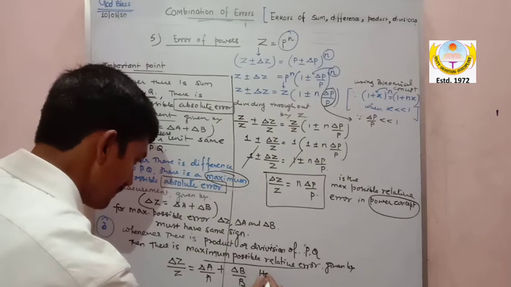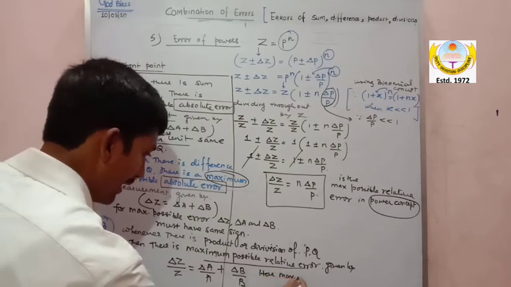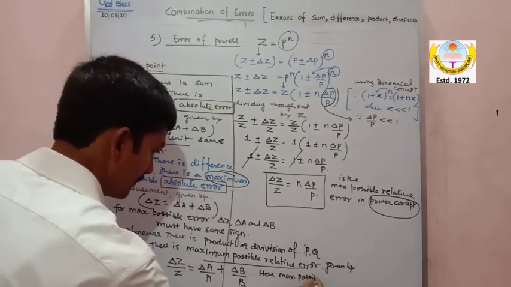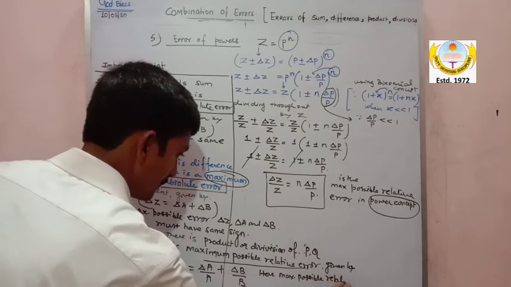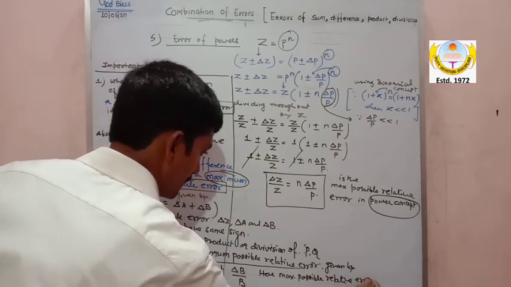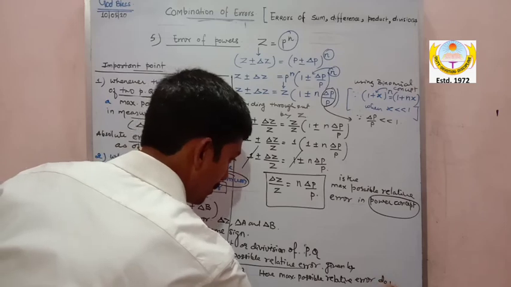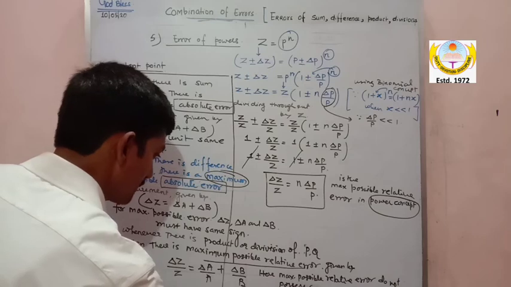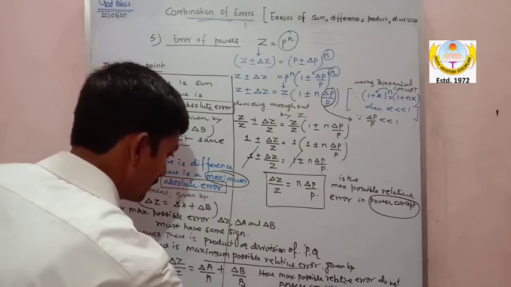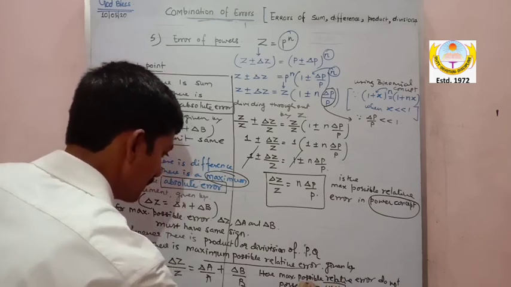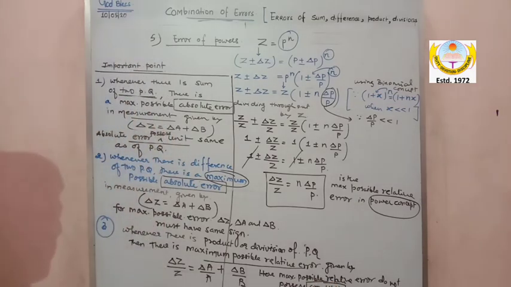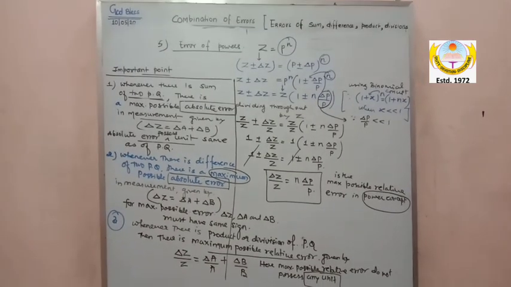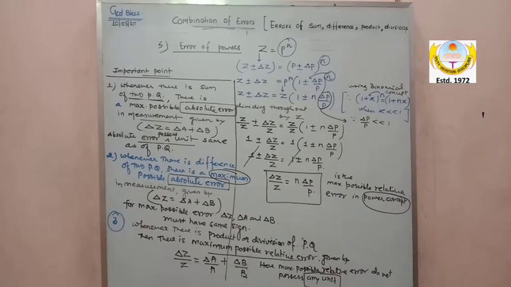Here the maximum possible relative error does not possess any unit, my dear. Take care of this statement, that here the maximum possible relative error which I have calculated does not possess any unit.